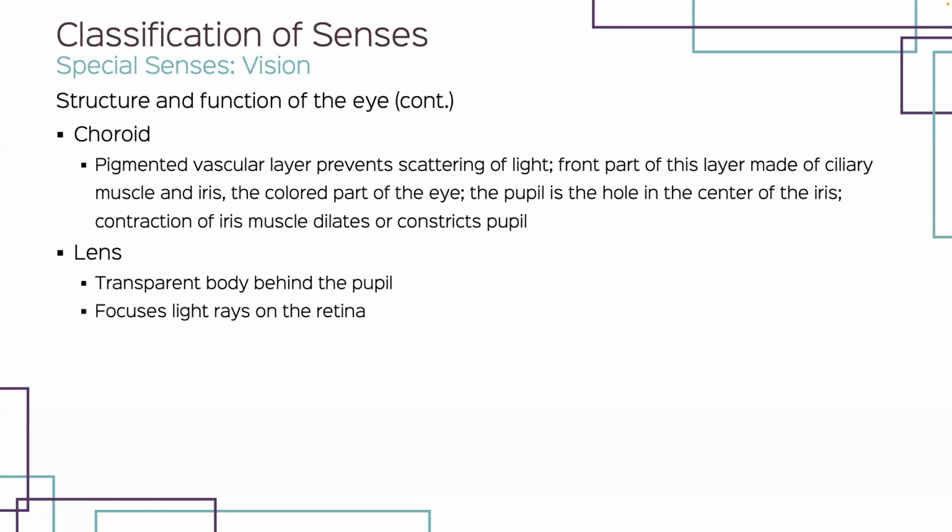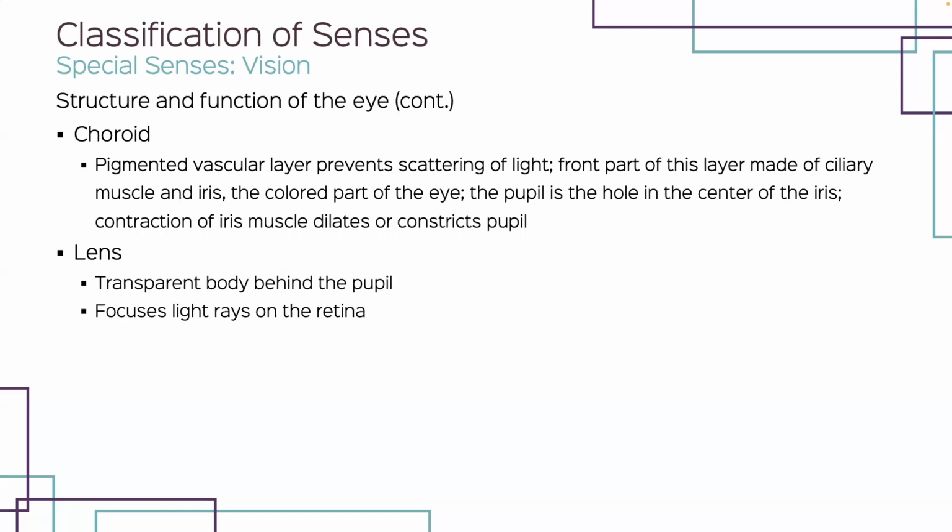The vascular layer, or the middle of the eye, is made up of a dense network of blood vessels. Most of the vascular layer is made up of the choroid, which contains a large amount of dark pigment melanin. This almost black layer will help prevent the scattering of incoming light rays, which could make it hard for the eye to focus on an image.